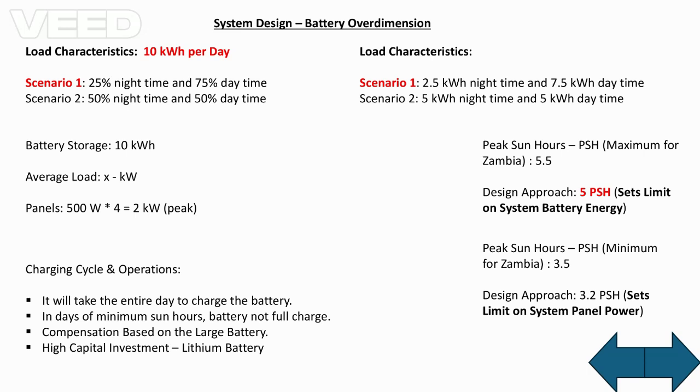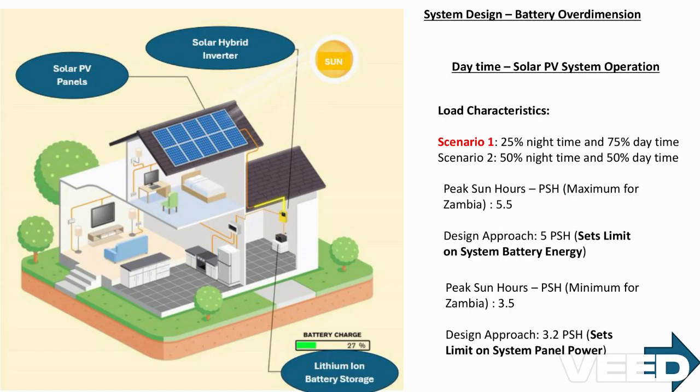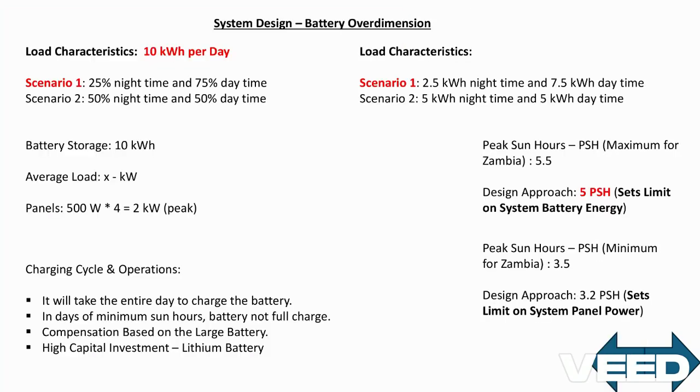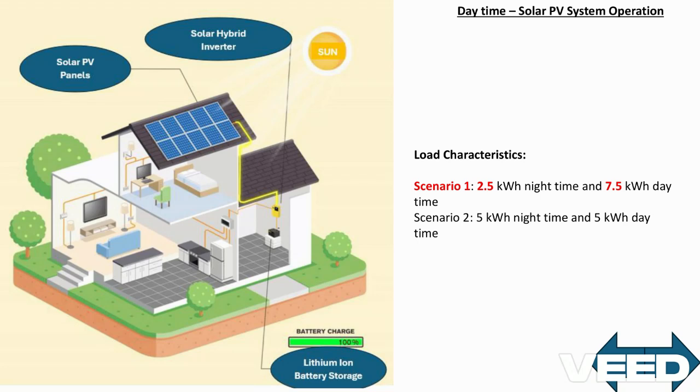So in terms of the charging cycle, it will take the entire day to charge the battery on a better day. So we are moving from a scenario of 27% in this case, and we move to a scenario of 100%.